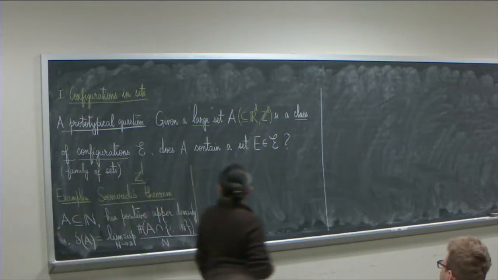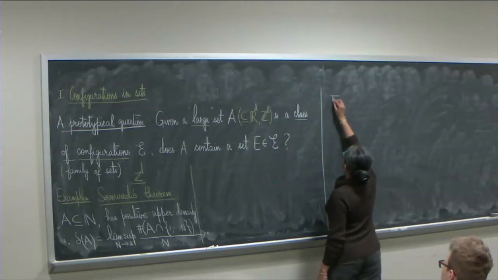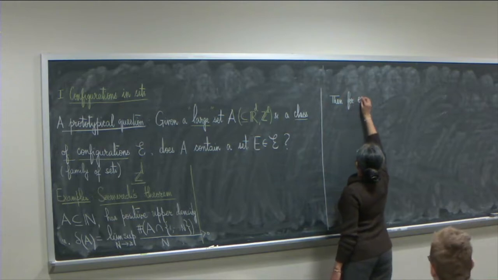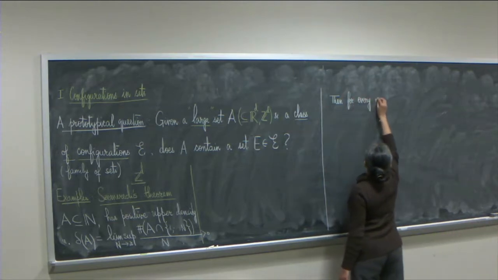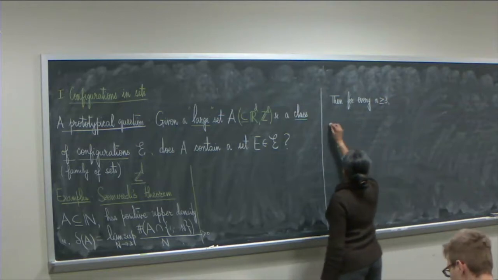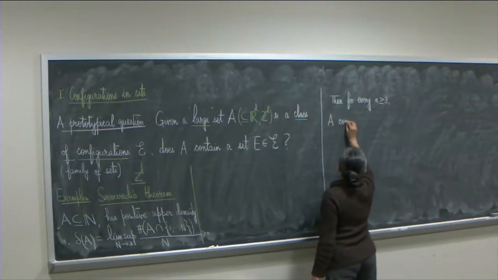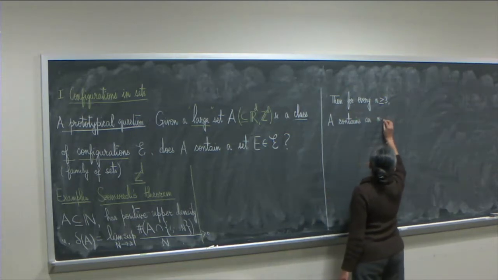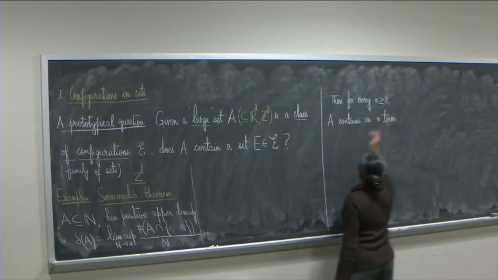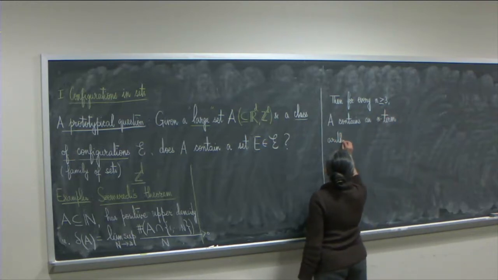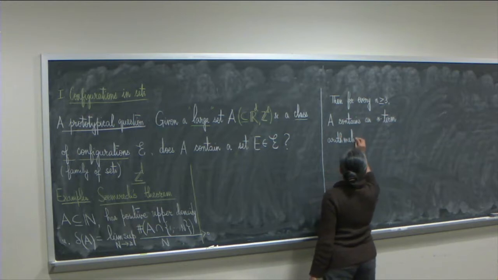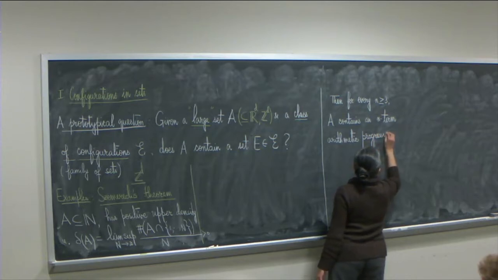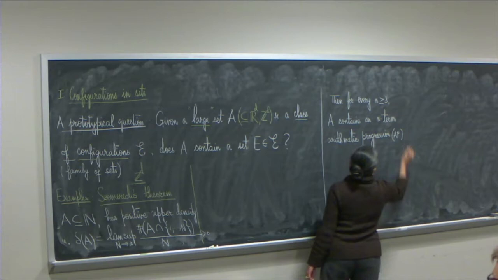Okay. Then the conclusion is, for every n larger than or equal to 3, A contains an n-term arithmetic progression, which I'll call AP for short.